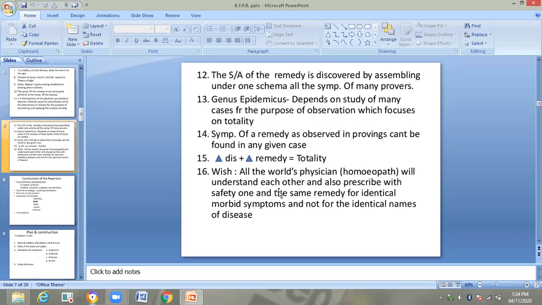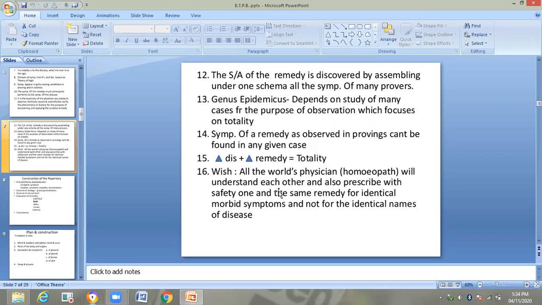So these symptoms, in the case, our master Dr. Hahnemann stated these symptoms previously as a PQRS symptom. He said previously these symptoms as striking, singular, rare and characteristic symptoms, which Dr. Boenninghausen described as a concomitant symptom.